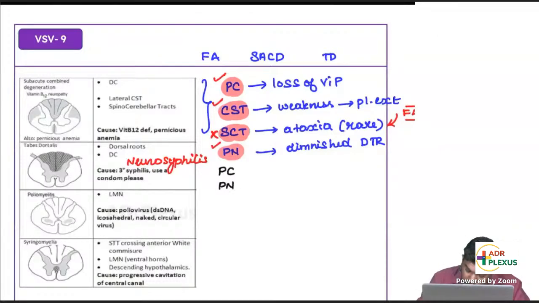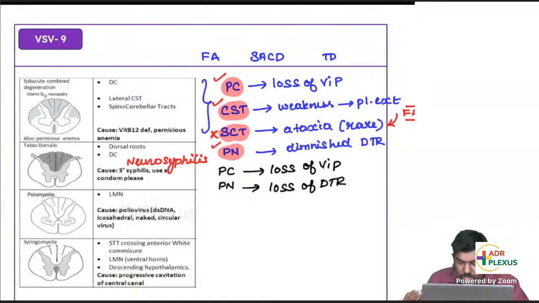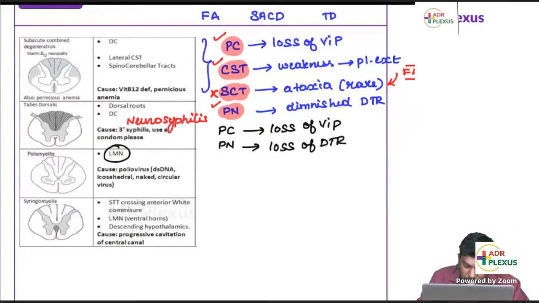Because of that, the patient has loss of VIP and loss of DTR. Then poliomyelitis involves the anterior horn cell. Because of the involvement of the anterior horn cell, the patient is going to have flaccid paralysis.